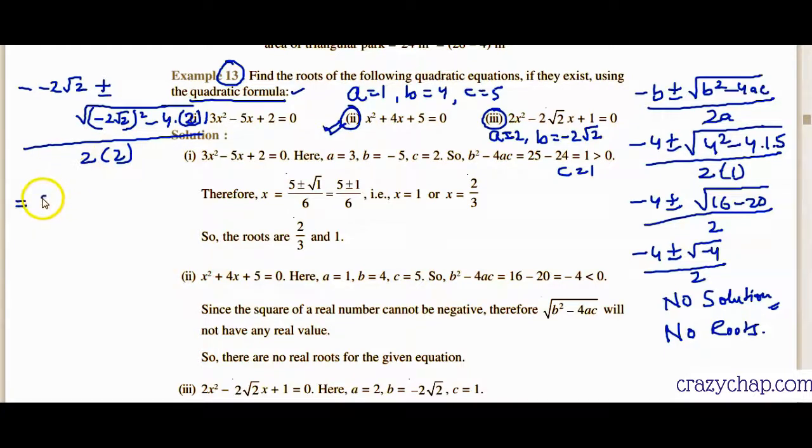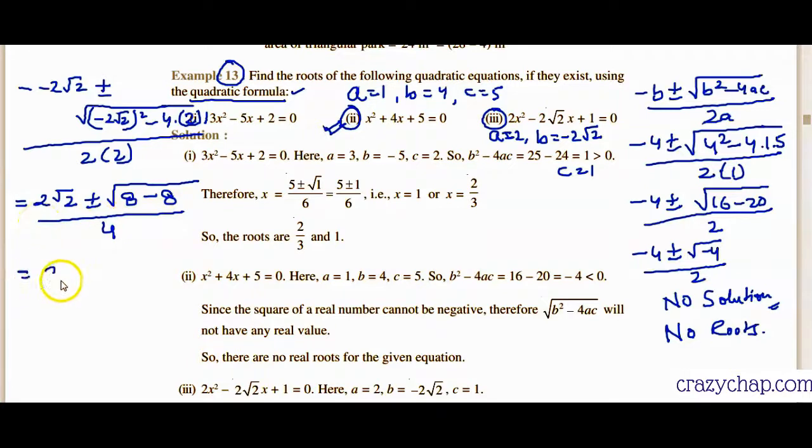So we get positive 2 root 2 plus minus square root of minus 2 root 2 square, meaning the square is on 2 as well as root 2. So 2 square is 4 and root 2 square is 2. So 4 times 2 is 8 and it will be positive, minus 4 times 2 times 1 which is 8, all over 4.